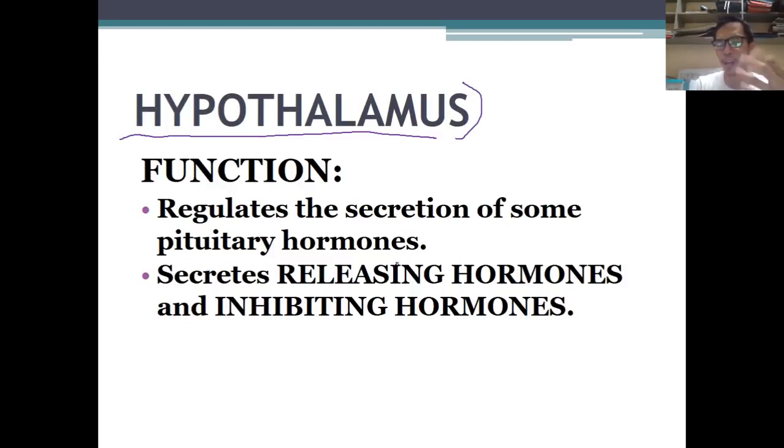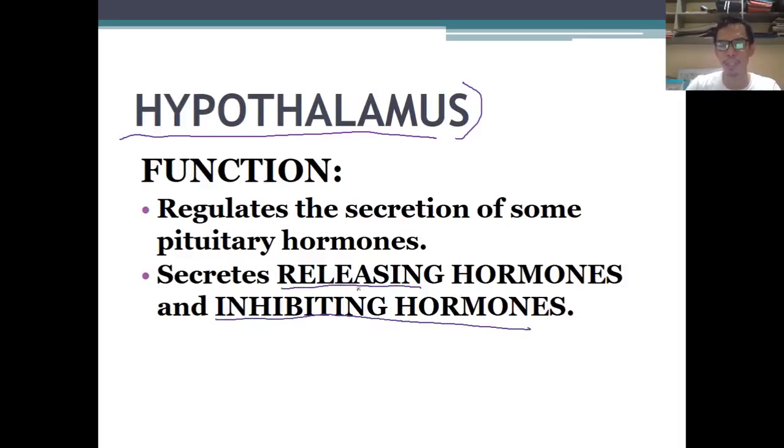It regulates the hormones secreted by the pituitary gland. Mainly it works as part of the nervous system, but as it does, it controls the endocrine system on when and where they will secrete their hormones. So what are the hormones that they release? It is a long word. They are called the releasing hormones and also the inhibiting hormones.